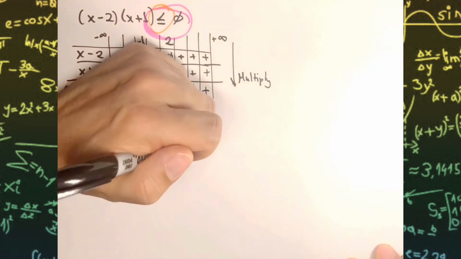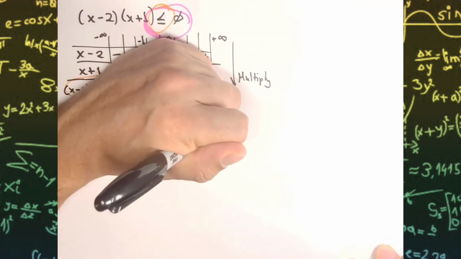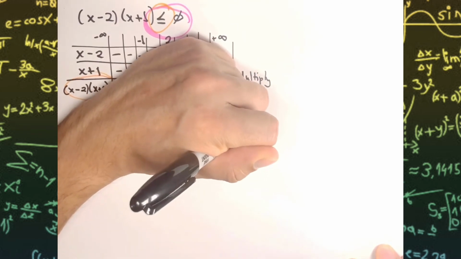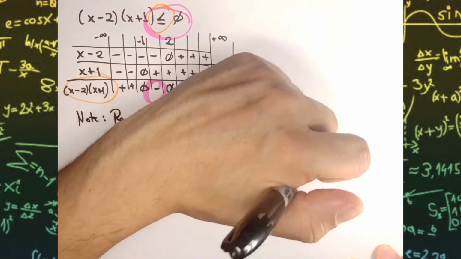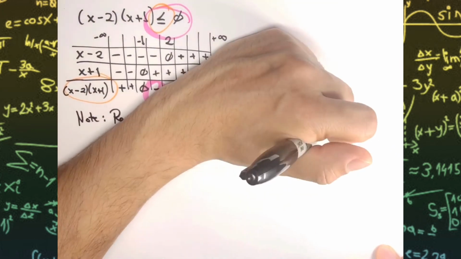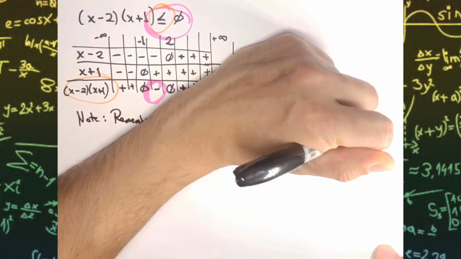So note, remember that, because you may ask, hold on, boss, wait a second. Weren't we looking for when the inside of the root was positive? Yes, absolutely, correct. But remember that we're solving an equivalent form of the equation.